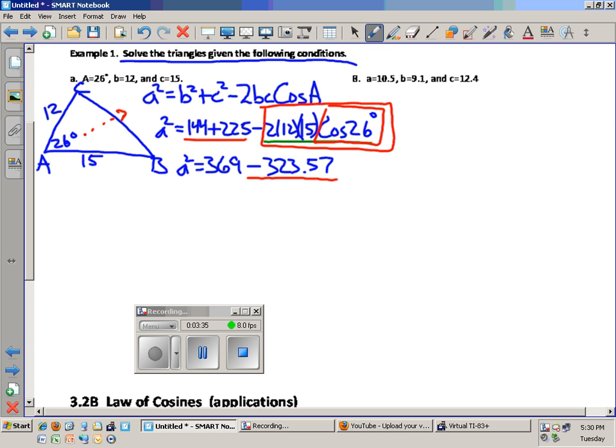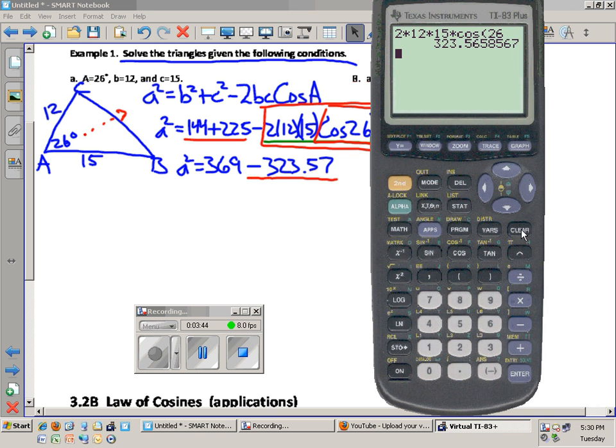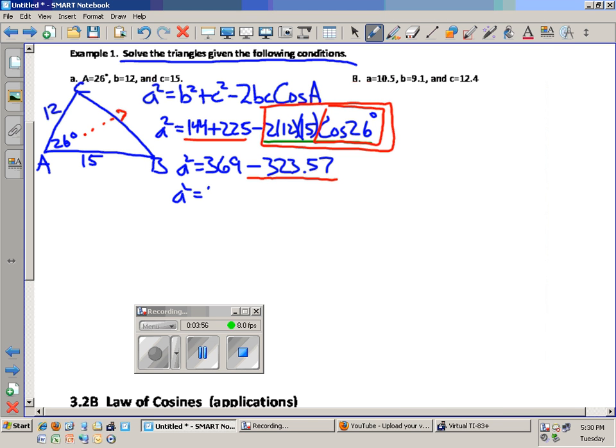In this case, it was positive, and our rule says that we subtract it. So 369 minus 323.57, I get 45.43. So A squared is equal to 45.43. If we square root it, we're going to find the answer.